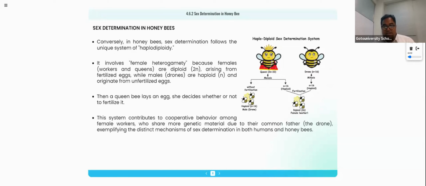Now what we need to understand is that in this particular condition, sex determination follows a unique haplodiploidy condition. What do we mean by haplodiploidy? Female workers and the queen are diploid, arising from the fertilized egg.